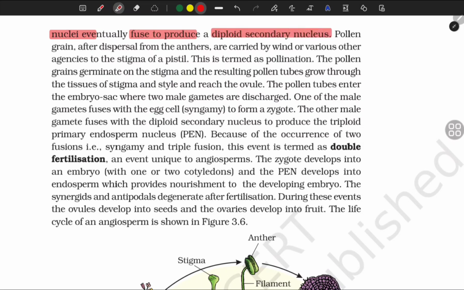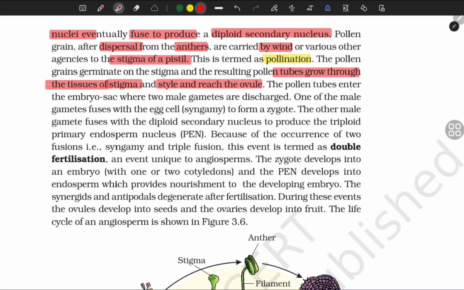Pollen grains, after dispersal from the anther, are carried by wind or various other agencies to the stigma of a pistil. This is termed pollination. The pollen grain germinates on the stigma and the resulting pollen tube grows through the tissues of the stigma and style and reaches the ovule.